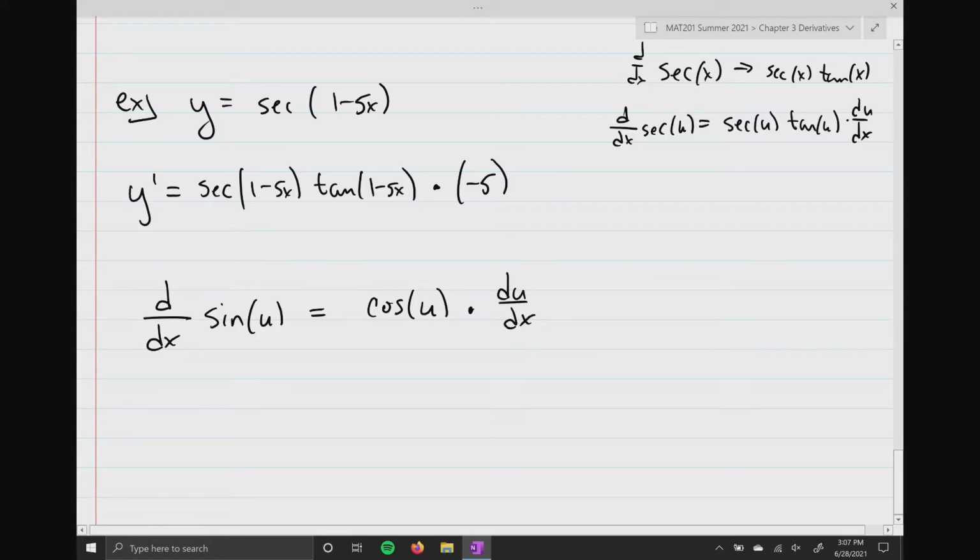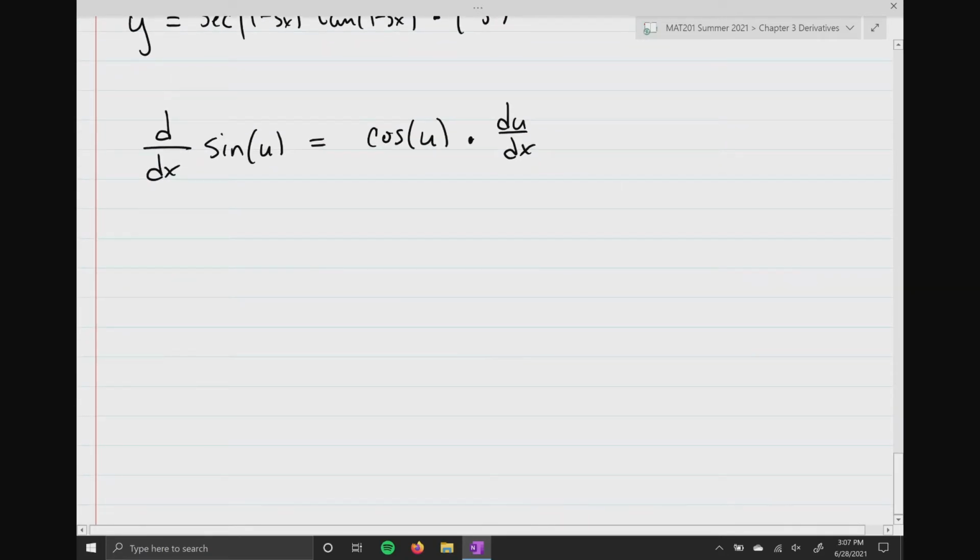In other words, times the derivative of the argument for the transcendental function. Also, if you think about it this way, the derivative of cosine of u is going to equal negative sine of u times du dx.